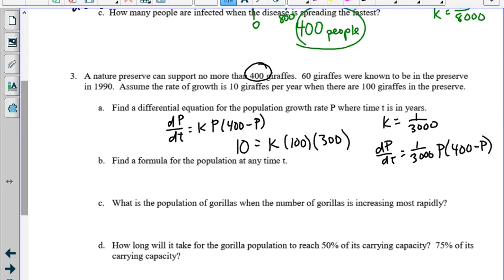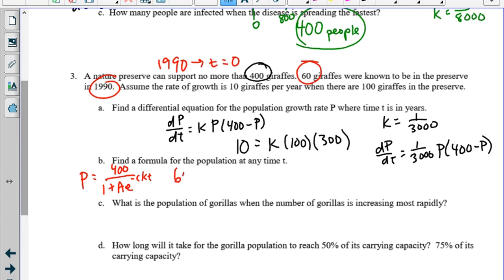That's part A. Part B, find a formula for the population at any time t. My population equation is going to be the carrying capacity divided by 1 plus A times e to the negative C K T. Notice that they tell me that there are 60 giraffes in 1990. We will make the year 1990 t equals 0 in this problem.